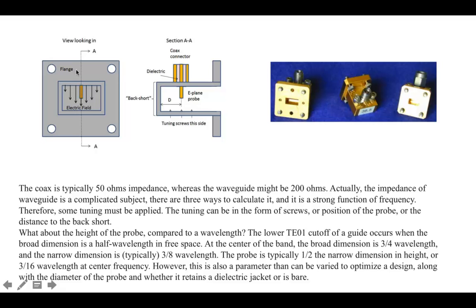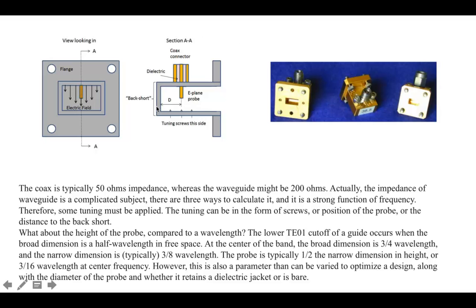All right, here's a cross-sectional schematic of what the antenna probe looks like. You typically will bring it in right at the center of the guide. Typically, your coax connector is a 50 ohm connector, and your waveguide is some other impedance, usually 200 ohms plus or minus.